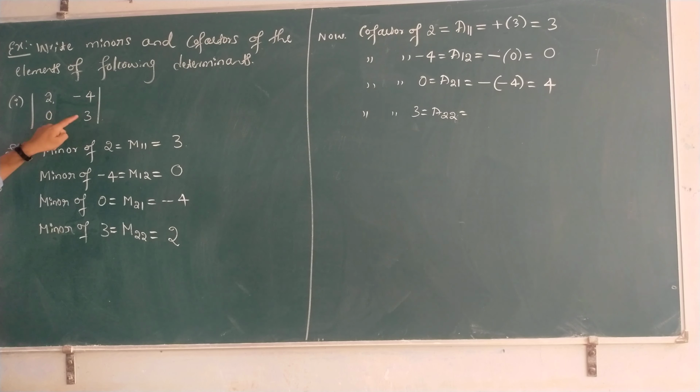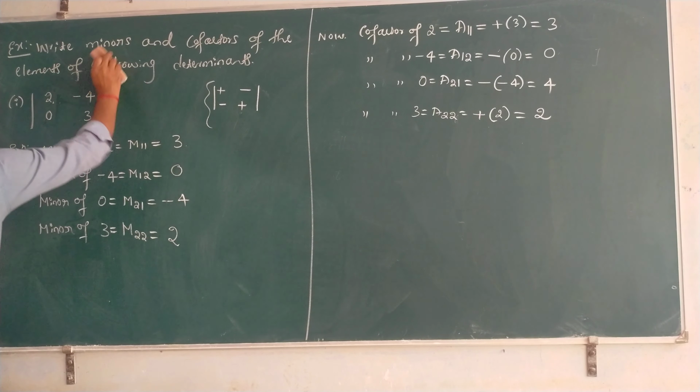Here the positions of the elements follow the sign pattern plus, minus, plus. Plus of 2 becomes 2.